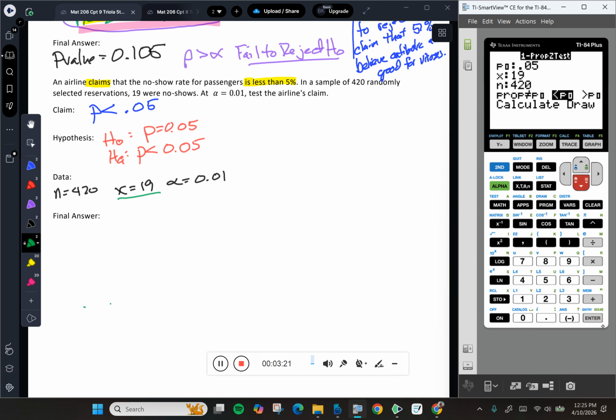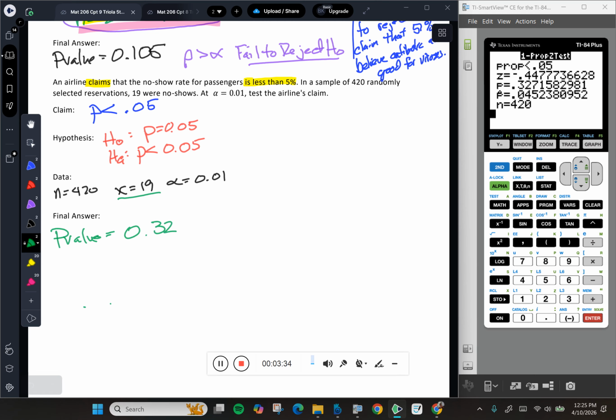I calculate it out, and I get a p-value of 0.32. Now, from the problem, we were told that alpha is 0.01. My p-value is greater than alpha, so I will fail to reject.